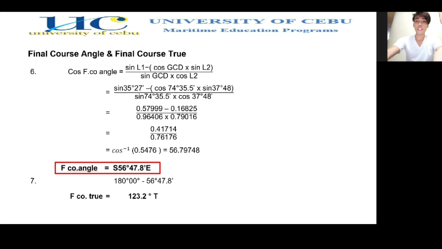So 180 degrees minus 56 degrees and 47.8 minutes. So now we will get the final true course or final course true, which is 123.2 degrees true.